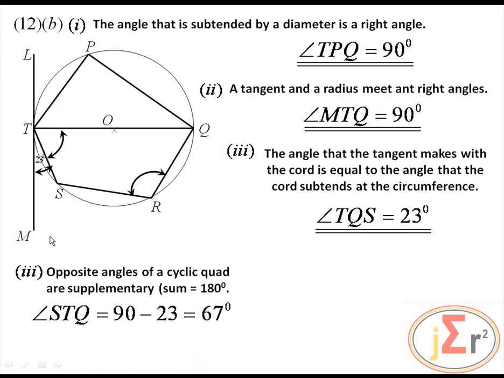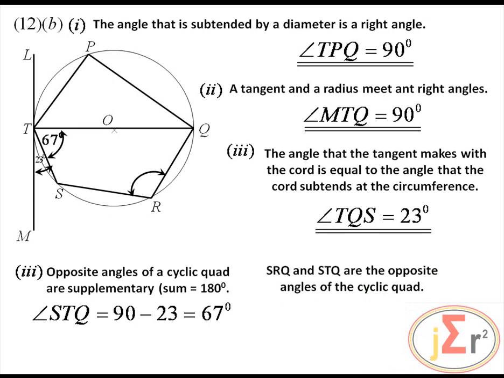So STQ, this angle right here, is a part of this right angle that we have right here, of which we know the 23 degrees that we have there. So the 23 degrees, that angle is already known. Therefore, we may determine the angle that we have by subtracting 23 from 90. So that angle is 90 minus 23, which is equal to 67 degrees.